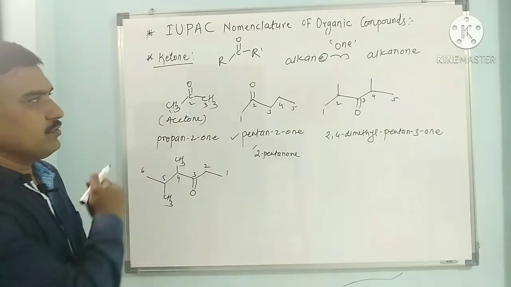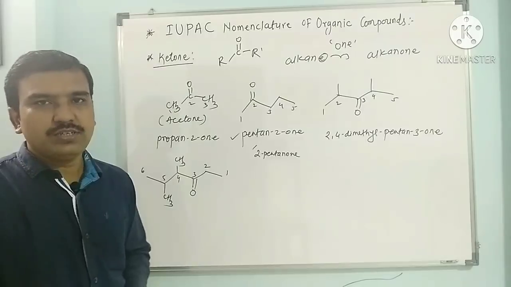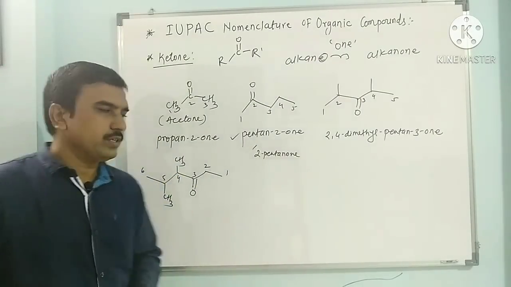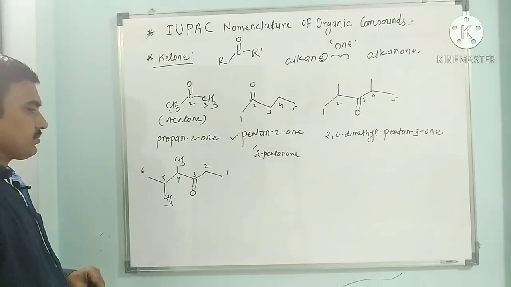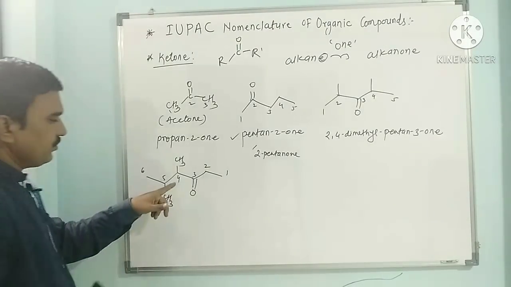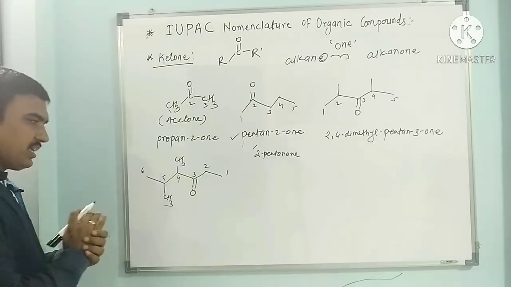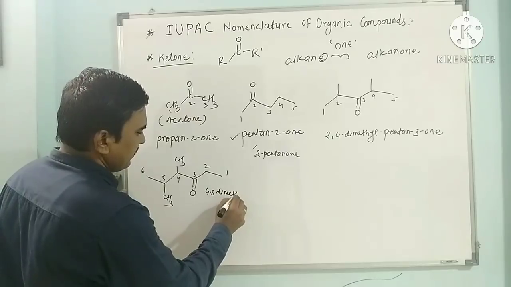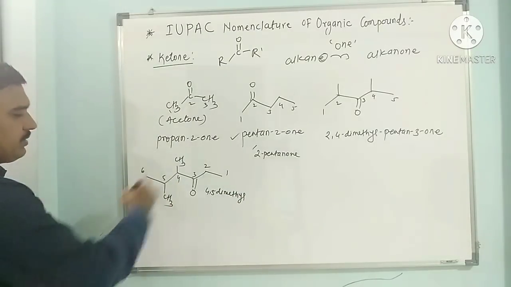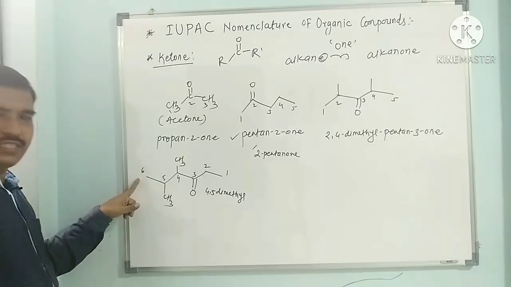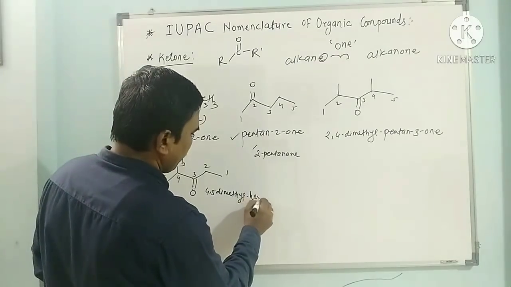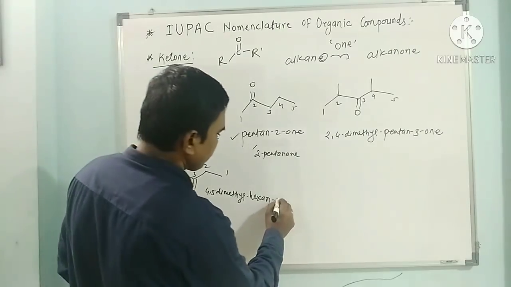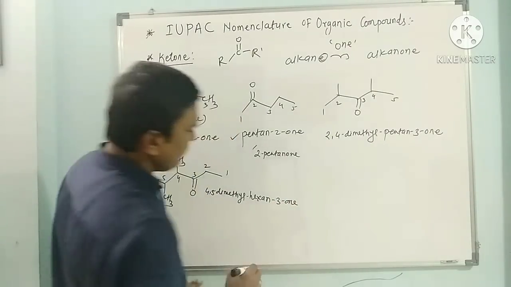Always remember, while naming these ketones, always carbonyl of ketone should get lowest possible number. In this way we have to give numbering to the straight chain. Now fourth carbon and fifth carbon is having methyl group. So this is 4,5-dimethyl. How many carbons? 6 carbons. So it is hexane. Hexane 3-one or 3-hexanone.